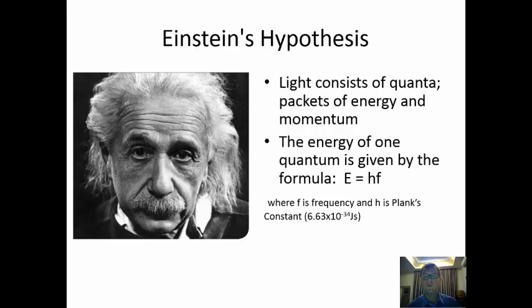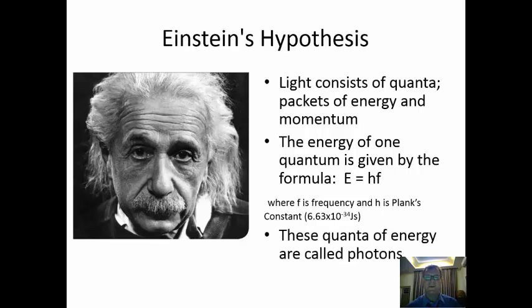The energy of one quantum is given by the formula E equals hf, where h is Planck's constant, 6.63 times 10 to the minus 34 joule seconds, and f is the frequency. Now, these quanta of energy are called photons. So one quantum, one packet of energy, is called a photon.